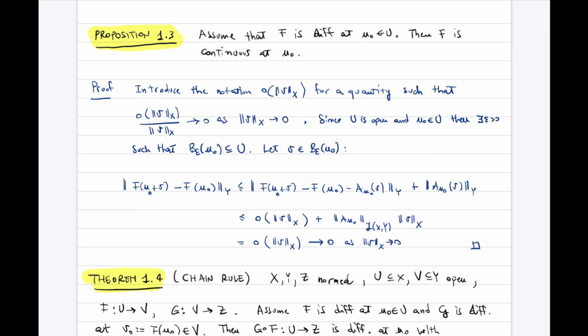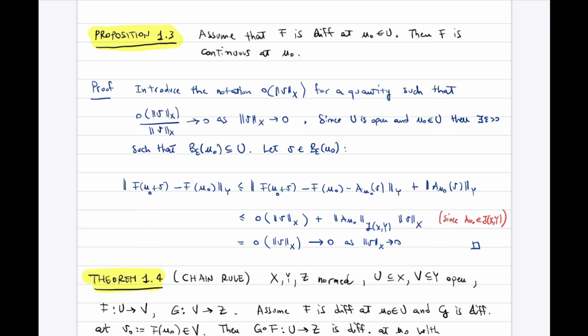The first term, by Frechet differentiability, is little o of the norm of v, while for the second term we can use that A u0 belongs to the linear continuous operators from X into Y.